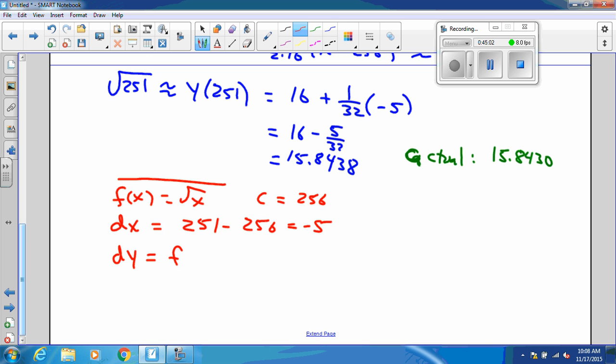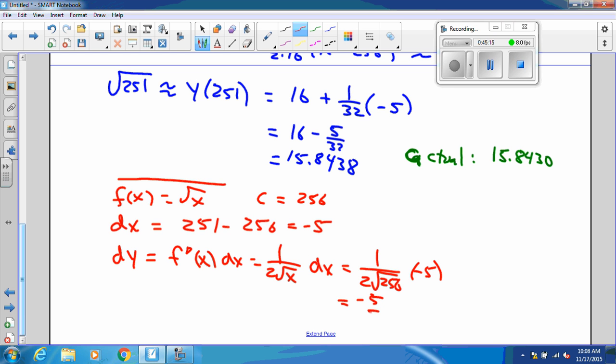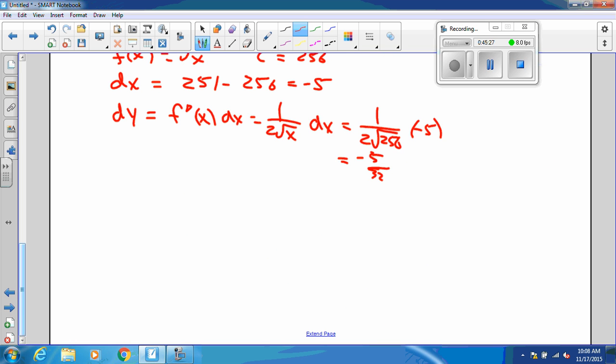And we would say, therefore, dy, the change in y that results from that, is equal to f prime of x times dx, or 1 over 2 root x times dx, or 1 over 2 root 256 times negative 5, which is negative 5 over 32. This is the approximate amount of change in the square root that results from a change in x of 5.